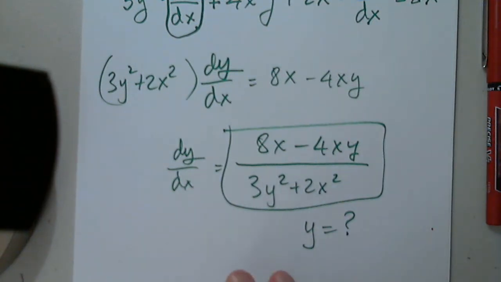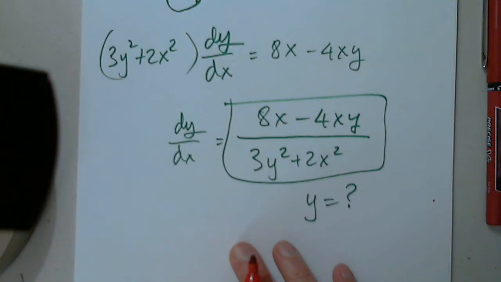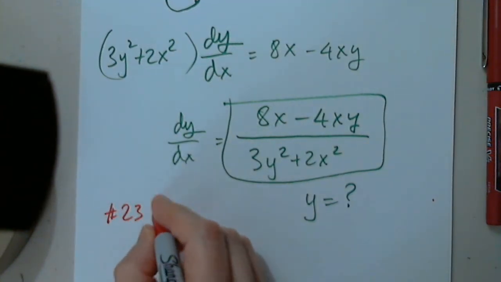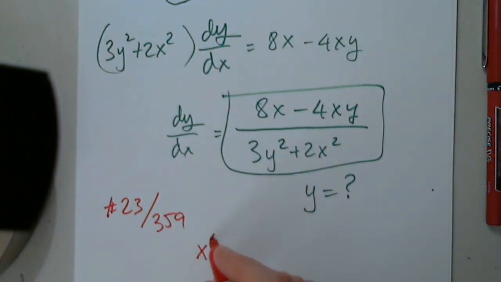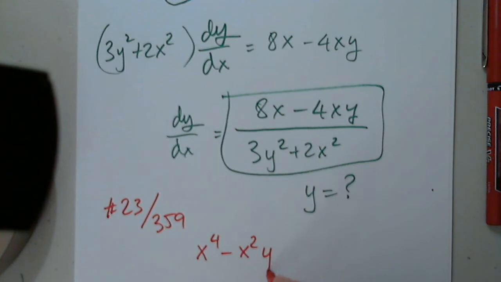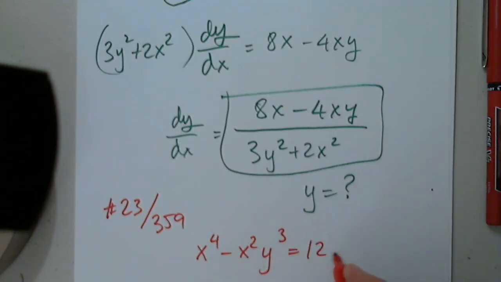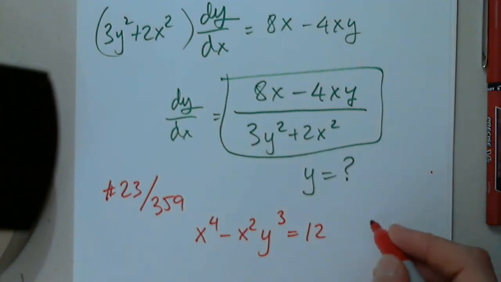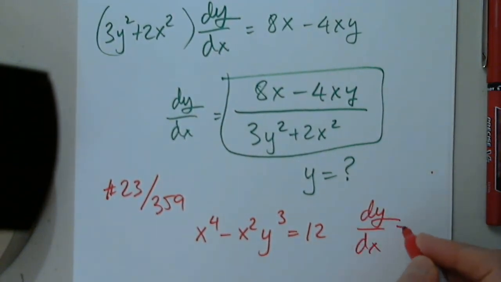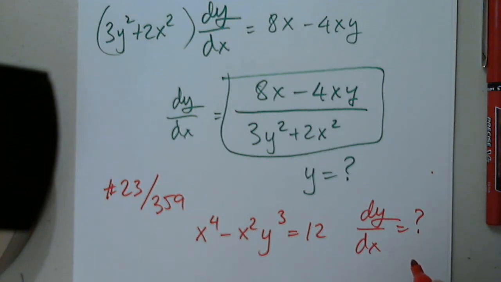Okay, so let's say we have number 23 on page 359. So we have x to the fourth minus x squared y cubed equals 12. And they want us to find dy over dx and then find the slope of the curve at the given point.